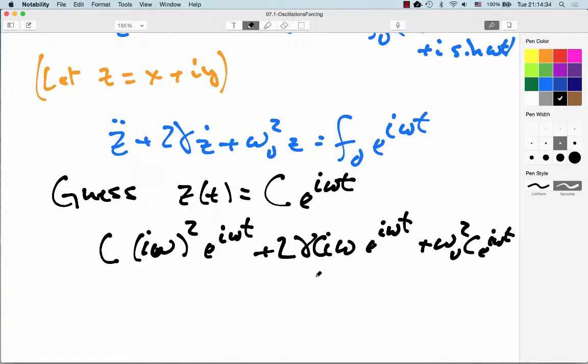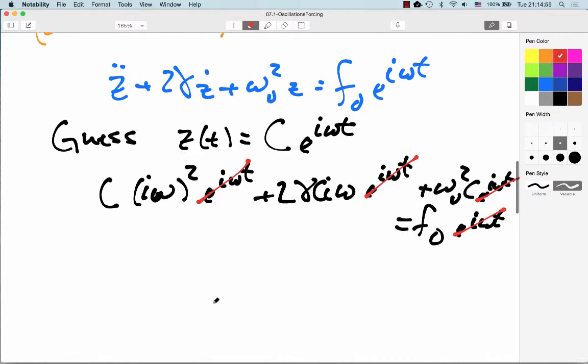And that would have to equal my f naught e to the i omega t. Well, that looks promising. At the very least, I can cancel all the e to the i omega t's. So that's a start.